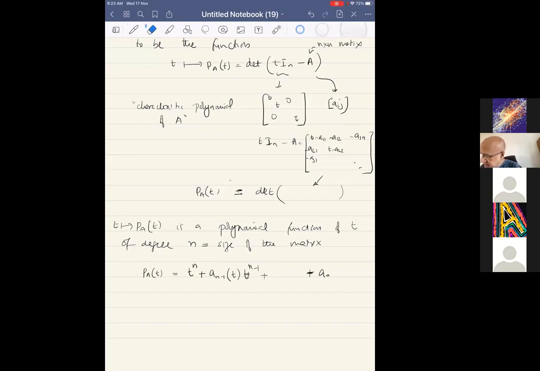Why do I have a t here? Sorry, I was a bit garbled here, so let me write it again.